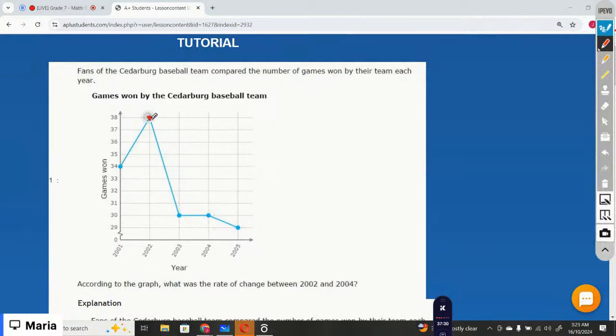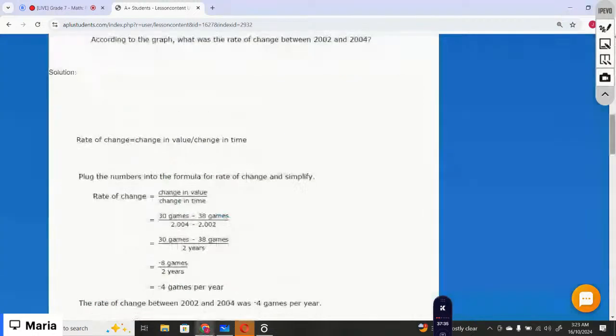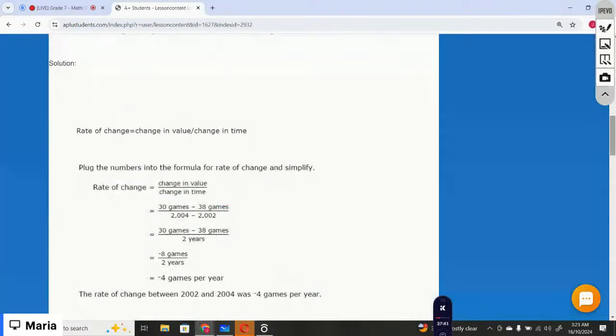2002, that is 38, and 2004, that is 30. So the rate of change is 30 games minus 38, 30 games in 2004 and 38 games in 2002.